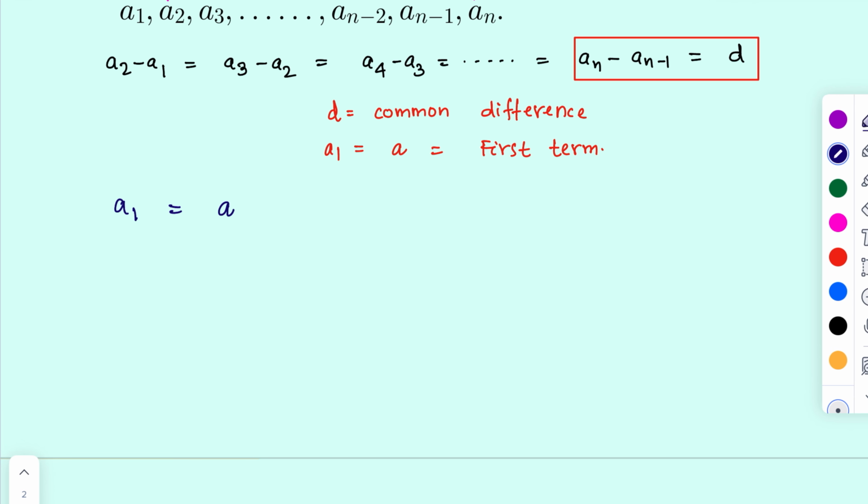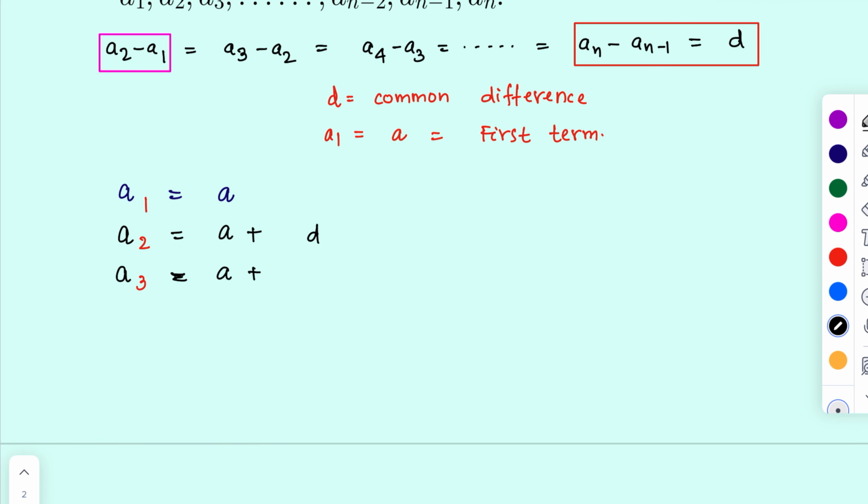Similarly here if you write A3 will be equal to A plus 2D.